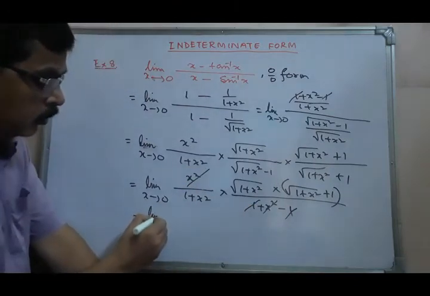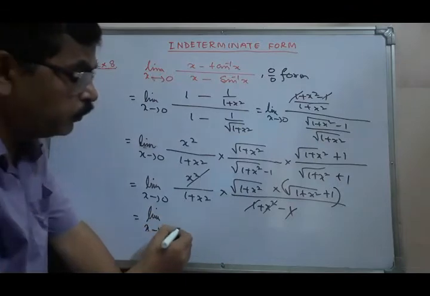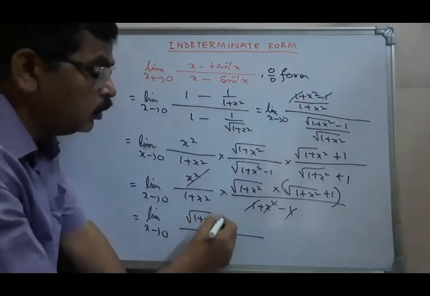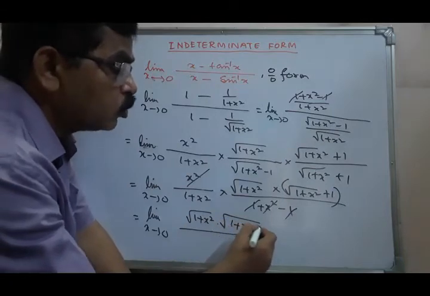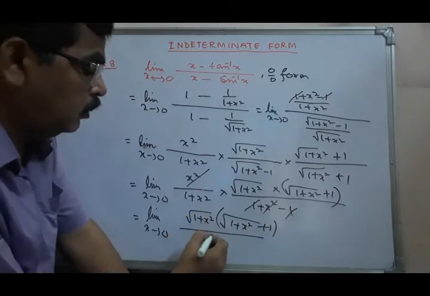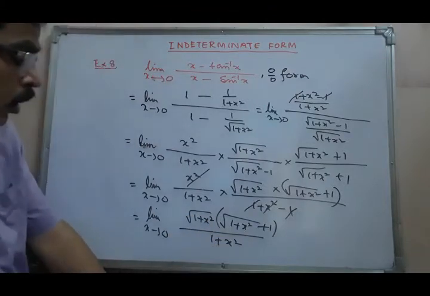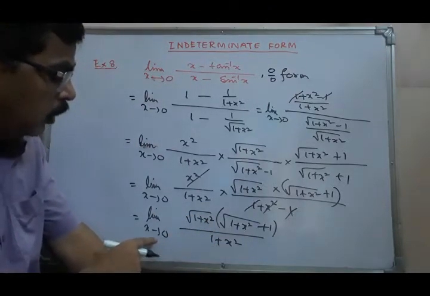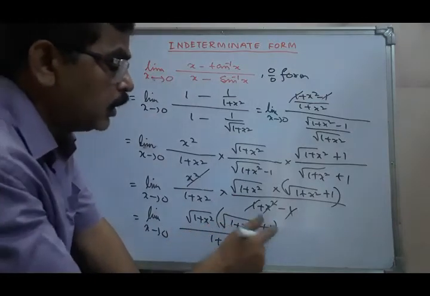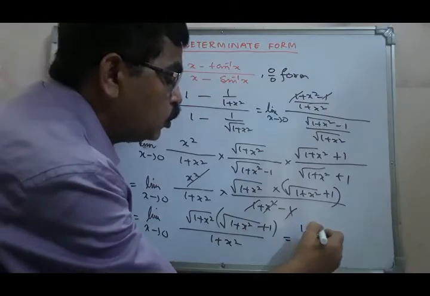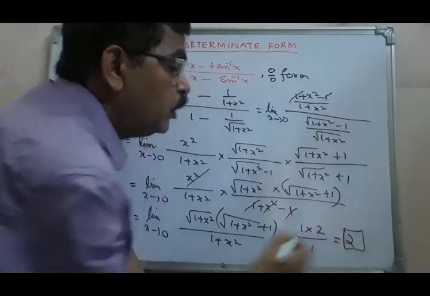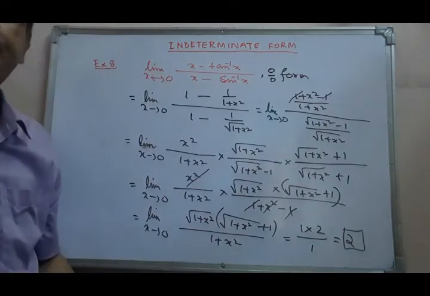Final answer, limit x tending to 0, the numerator coming root over 1 plus x square into root over 1 plus x square plus 1 divided by 1 plus x square. Now we are replacing the value of x, that is 0. So it becomes 1, it becomes 1 plus 1, 2. So 1 into 2 divided by 1. So that is 2 is the answer.